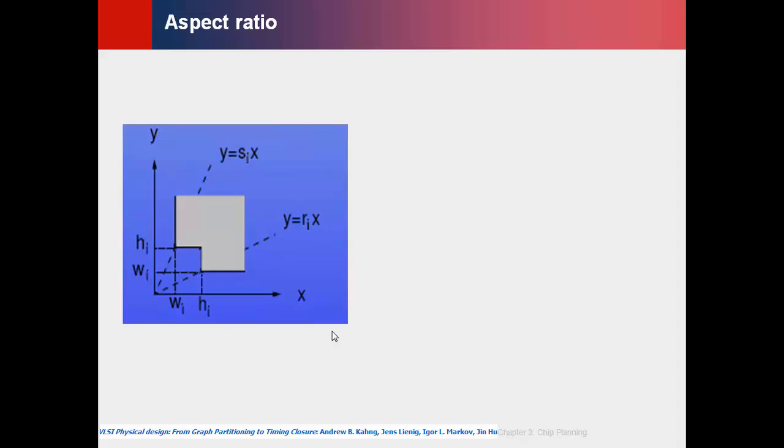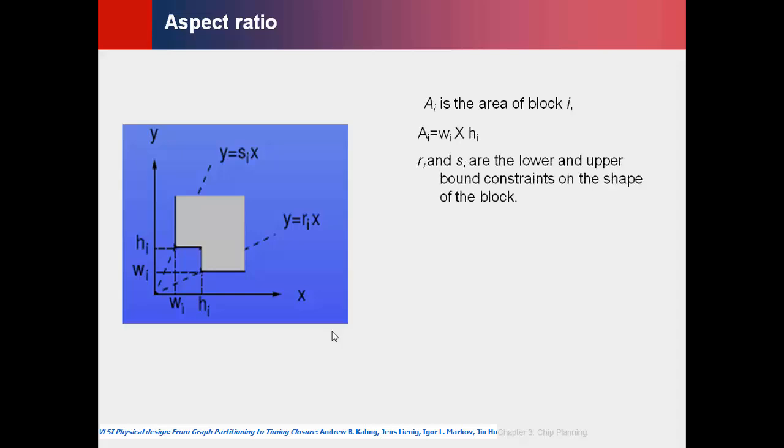Now we can go to an extreme where we may end up having an unrealistic or unreasonable width and height. So usually there is a given constraint on the width and the height. For example, you can see that Ri is a constraint on the width and height.